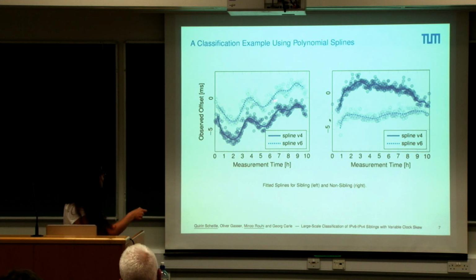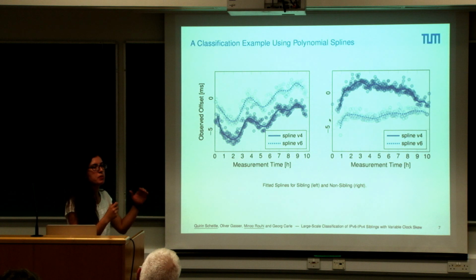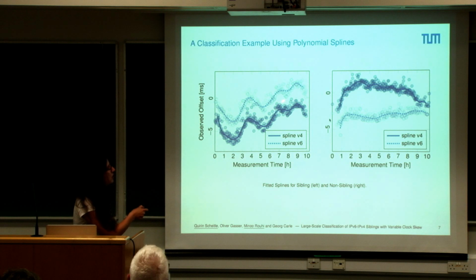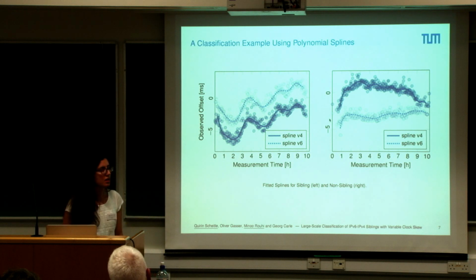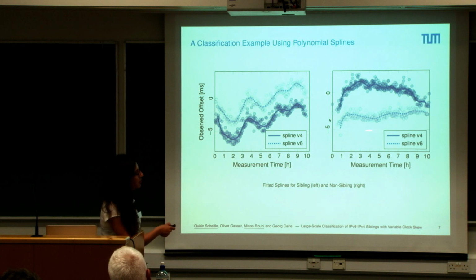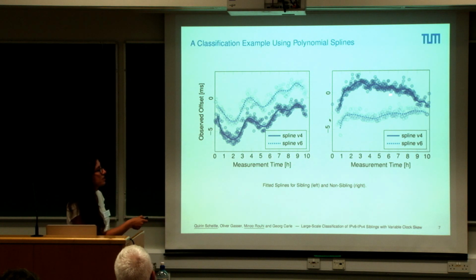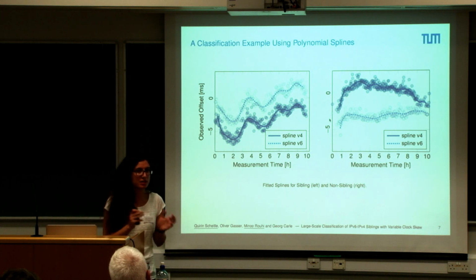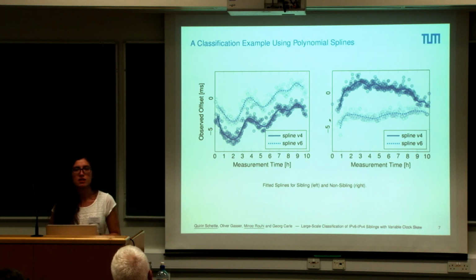We have these offset trends, and to capture the trends of the skew, we fit a polynomial of degree 3 on the offset points, and then we compare these two graphs in terms of similarity, which is the distance between different points of these two trends. And here is an example of a non-sibling, and as you can see, the skew trends for IPv4 and IPv6 are obviously different, and the algorithm is able to detect that and classify it as a non-sibling.